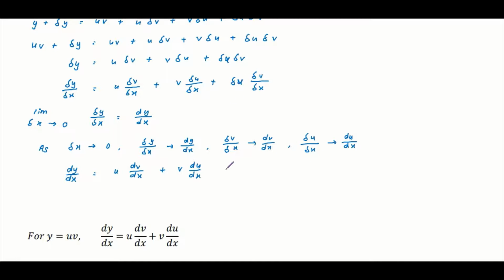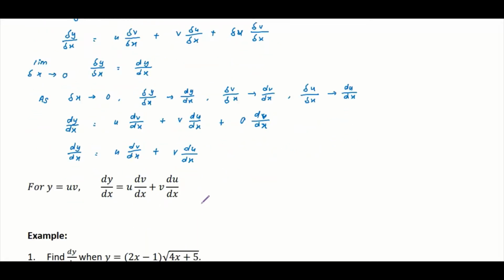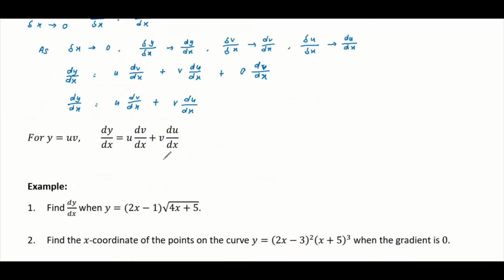So that's why this part will become 0: 0 times dv/dx gives you 0, right? So we are left with the last part, which is dy/dx equals u dv/dx plus v du/dx, which is exactly the formula for the product rule.